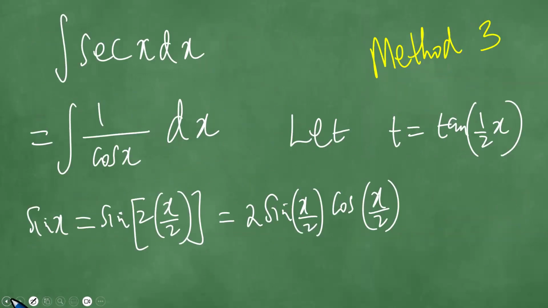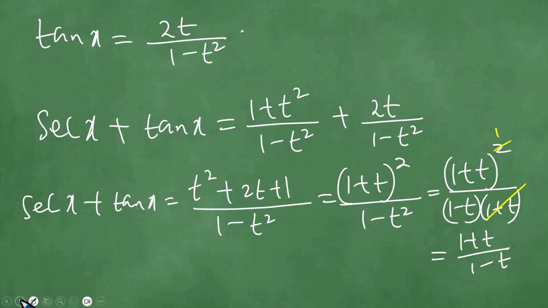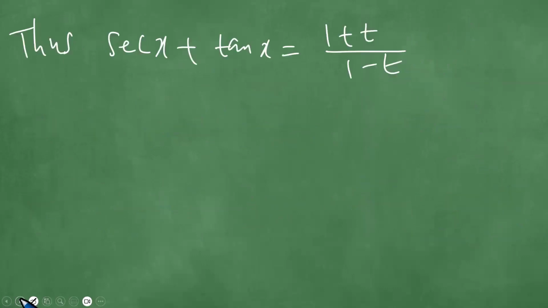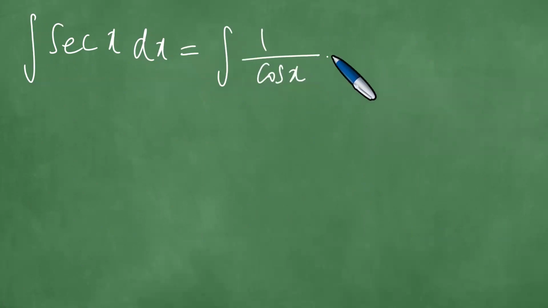Now we have this integral here, and we use the rest of the substitutions that we already have. For example, the integral of the secant of x with respect to x is the integral of 1 over cosine x with respect to x.